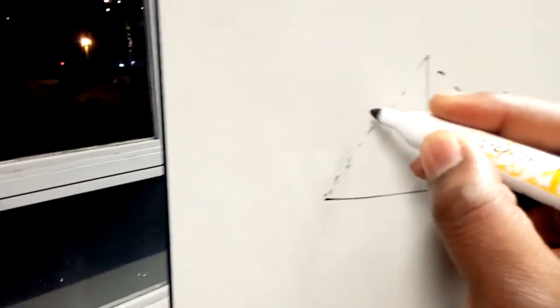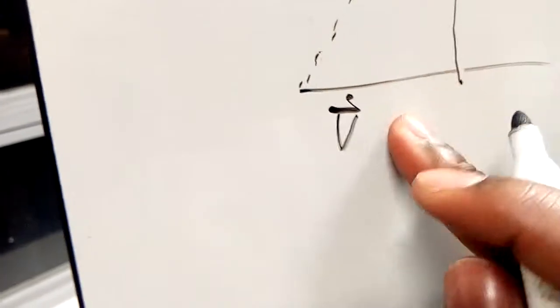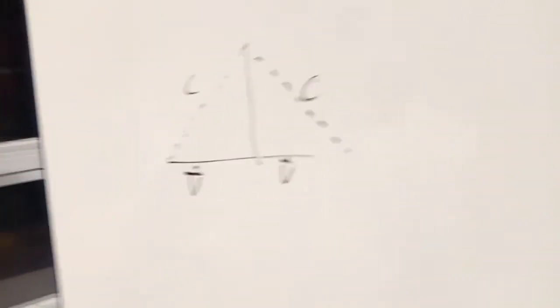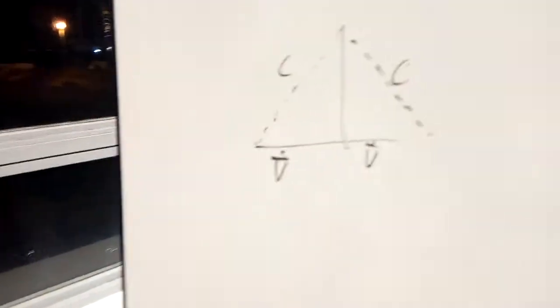So this is c and this is c, while this is v, the velocity of the train. This is also the velocity of the train. So the displacement of the light beam is simply this part.